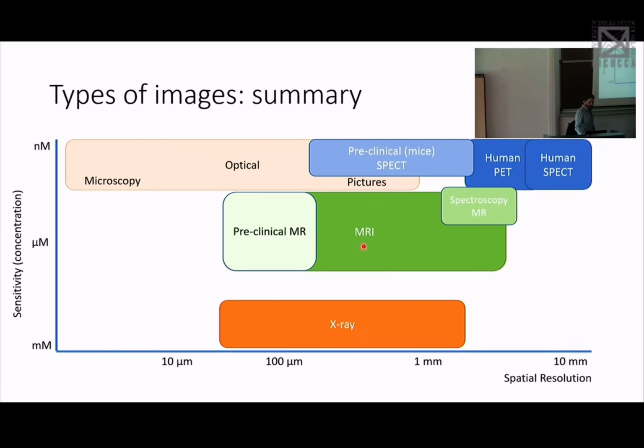MR has a pretty high spatial resolution. In vivo in humans, you can go lower than 1 millimeter, half a millimeter or so. With preclinical MR in mice, you can go to 100 microns or less.